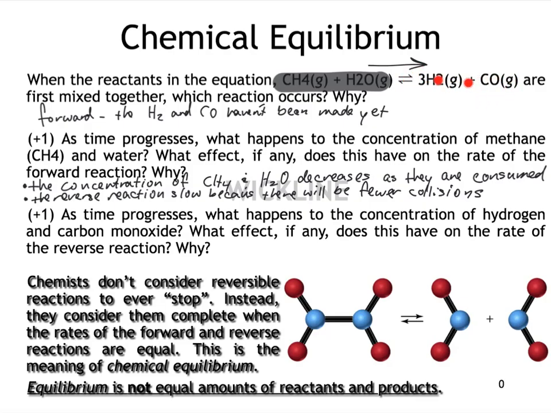As these two collide with each other, there's a chance with each collision that they will break apart and reform these two. So as this reaction increases, you get higher concentrations of these two, and then they, in turn, will collide and create a reverse reaction to counter the forward reaction.